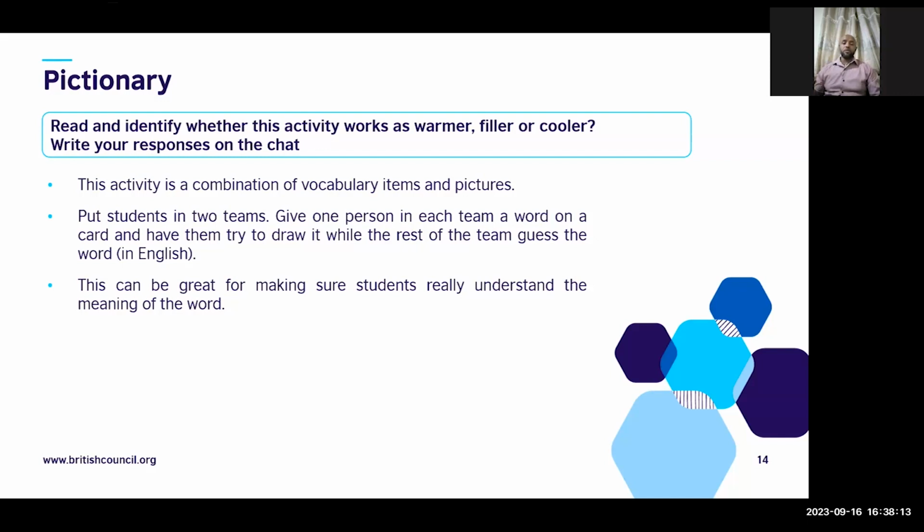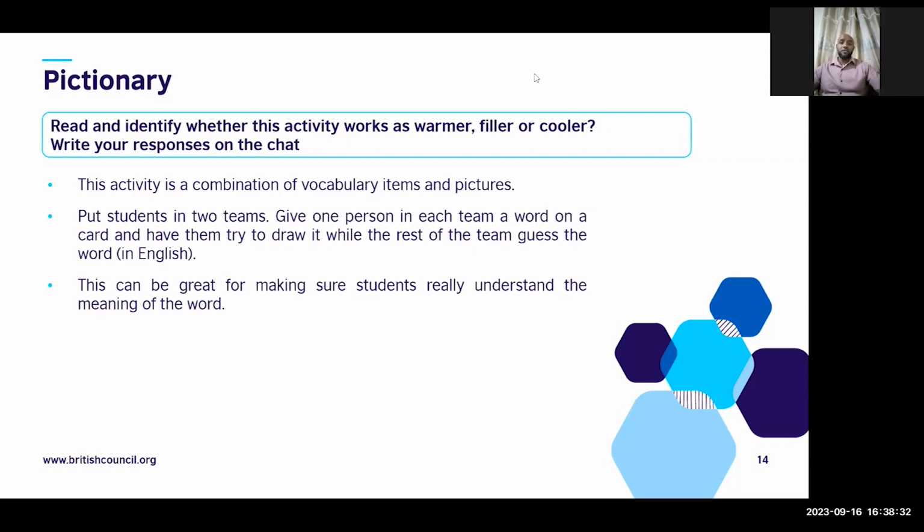So one of the group members will go to the whiteboard and draw a picture that depicts the word in his or her hand, so that the rest of their group members should guess what the word is.